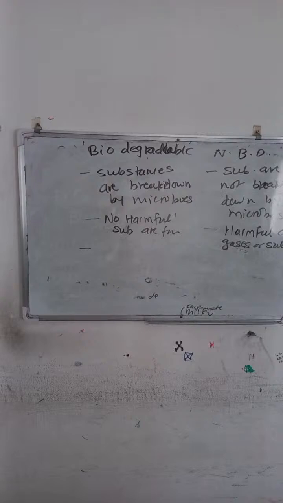Which option is correct here? Tell me. Are these physical factors? Yes. Then abiotic factors? Yes. Then C, biotic factors? No. So here both physical factor as well as abiotic factor is the correct option. That is D option, both A and B.